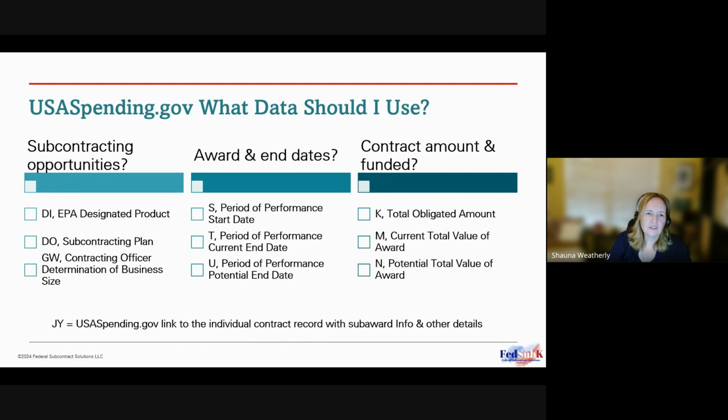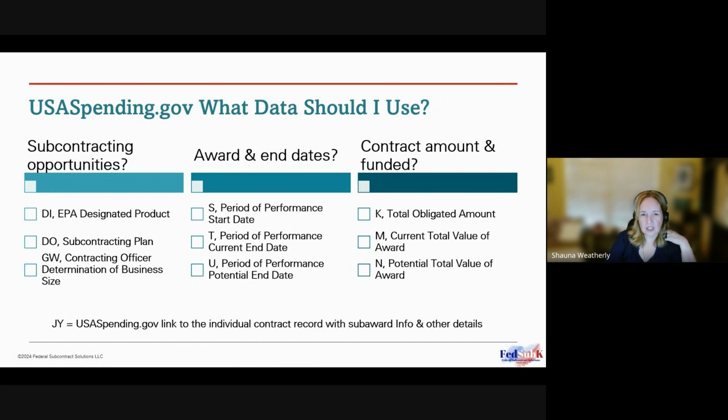That gives you an idea if a large business has a subcontracting plan, and they would probably need or be looking for suppliers, if not for this opportunity, others. And then also, again, that contracting officer determination of business size. A small business will not require a subcontracting plan, but again, it gives you an idea of businesses that maybe you could joint venture with or team with in the future that might have some opportunities there.